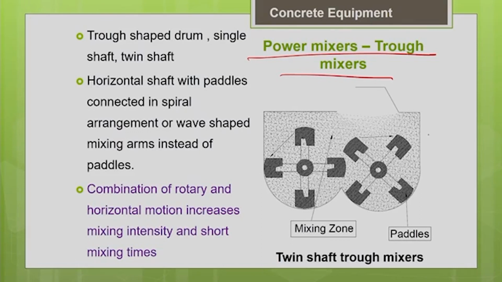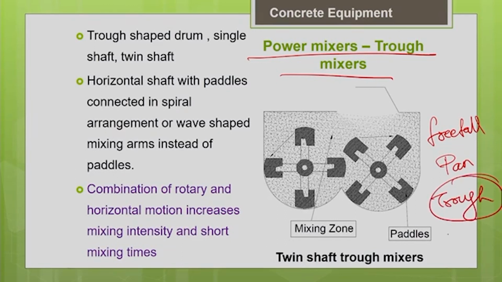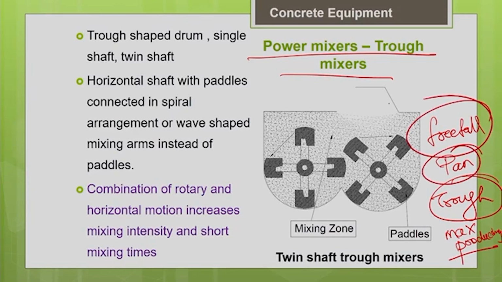If you compare the free fall mixer, pan and trough, you can see that the trough has the maximum productivity, or the mixing time is much shorter for the trough mixer compared to pan and free fall mixers. So mostly in the RMC batching plant you can see this trough mixer, so that we can have very high productivity.